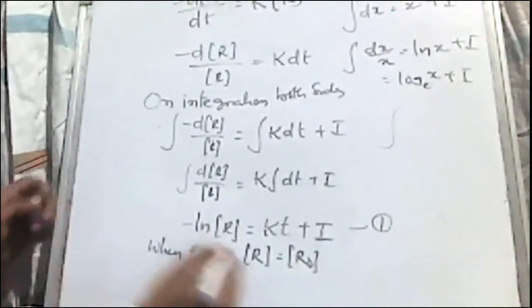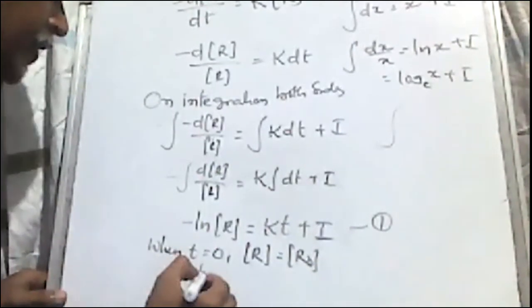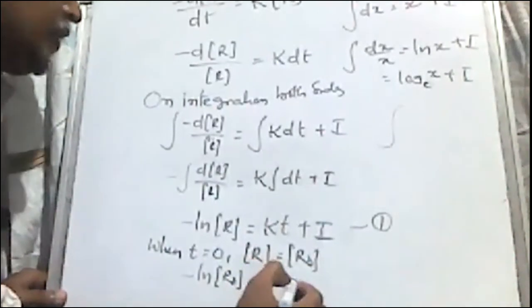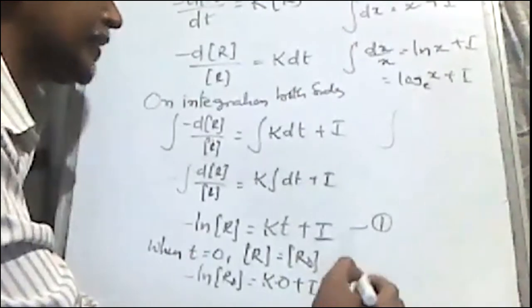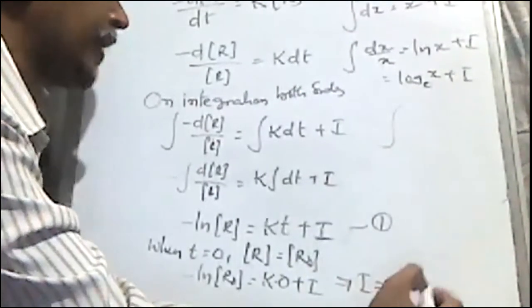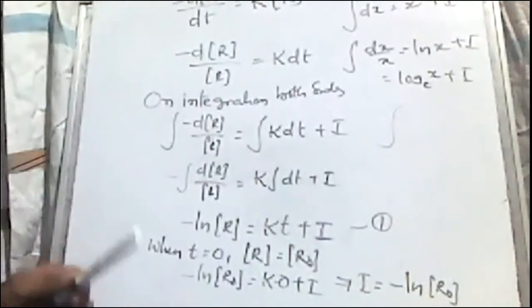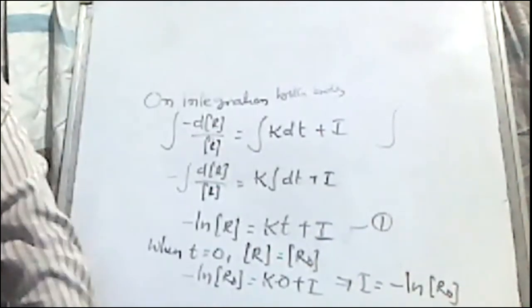Now it becomes minus ln R naught is equal to K into 0 plus I, which implies that I is equal to minus ln R naught. Now substitute this I value in equation 1.